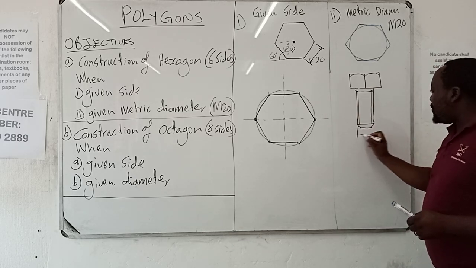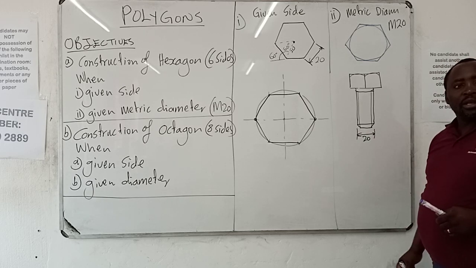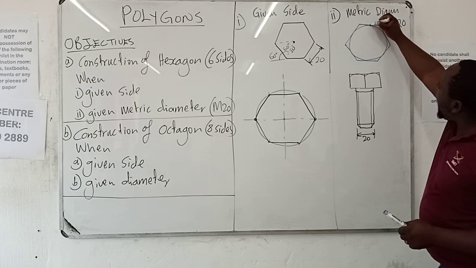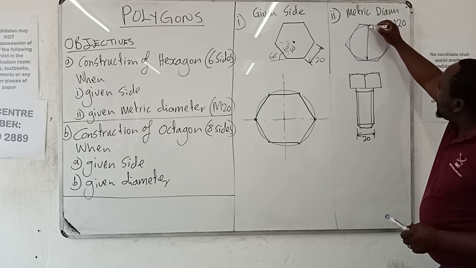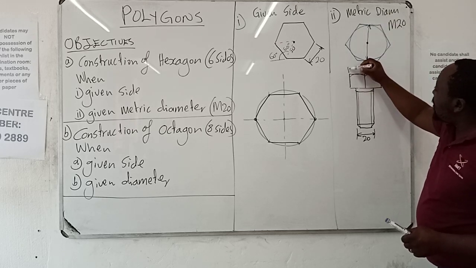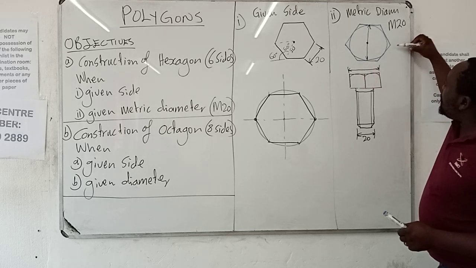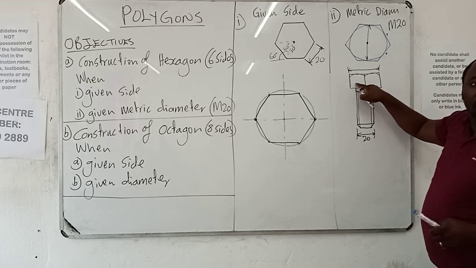This diameter from there to there is the one we say is 20. But this distance here is this one. Because when I'm looking from this side, I'll see this face and this face, these two.